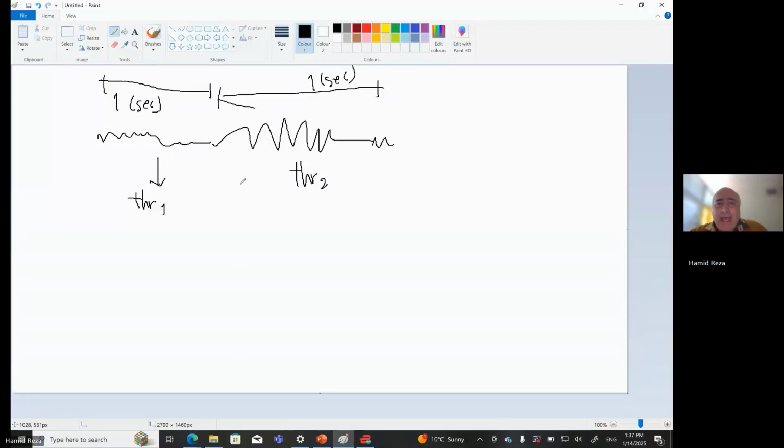And as I mentioned, we update the templates over time. So basically, the second threshold will be updated over time.